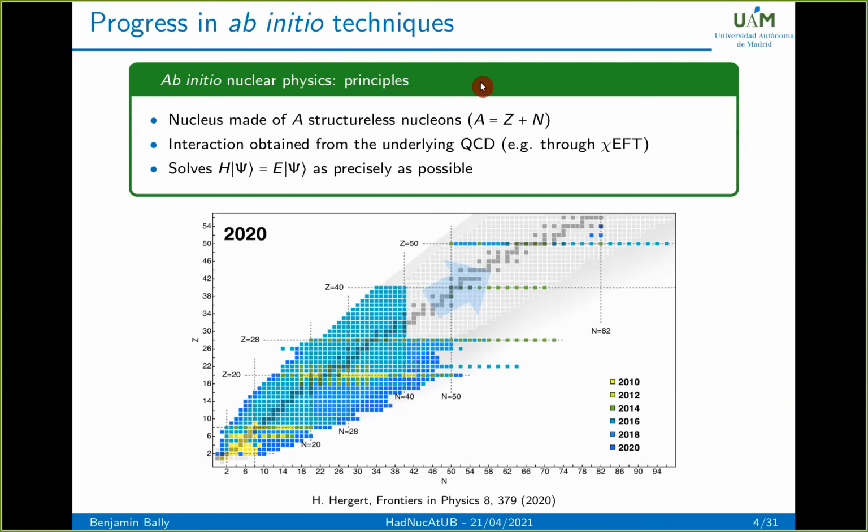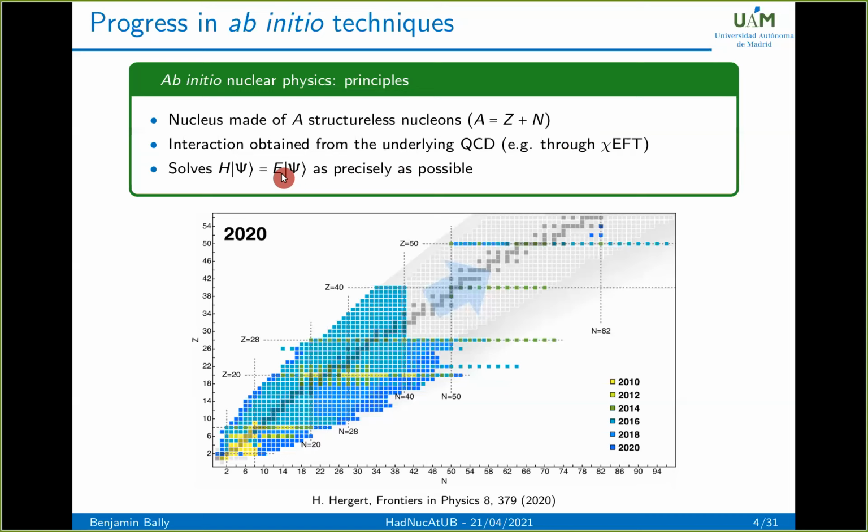So the main principle is that we try to describe the structure of the nucleus by considering first, as the correct degrees of freedom, structureless nucleons, so Z protons and N neutrons, and to build the interaction between them from first principles. The gold standard nowadays is called chiral EFT, and these nucleons then interact, exchanging pions and also through contact terms.